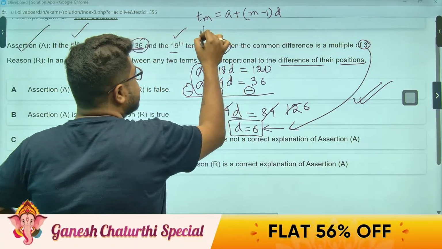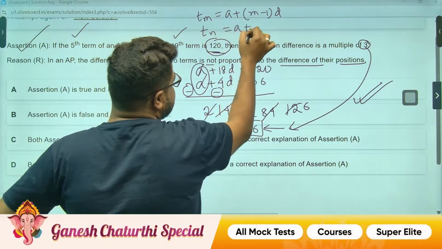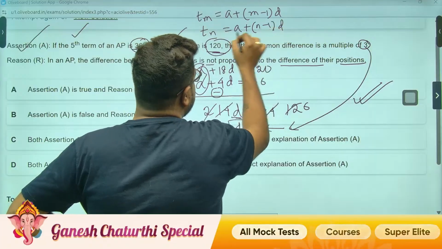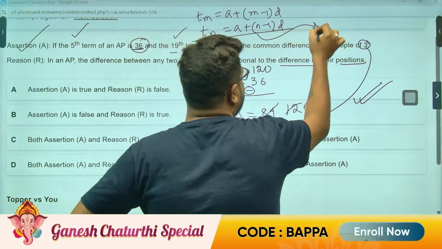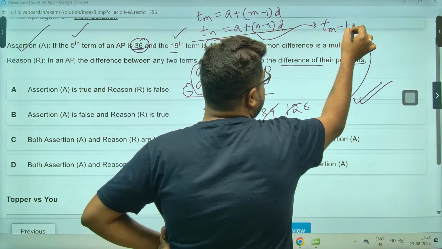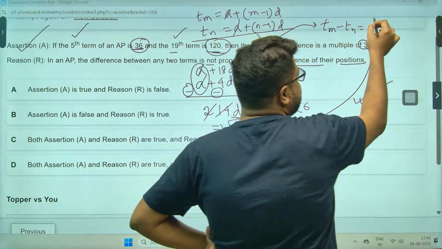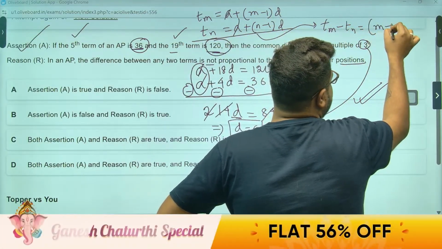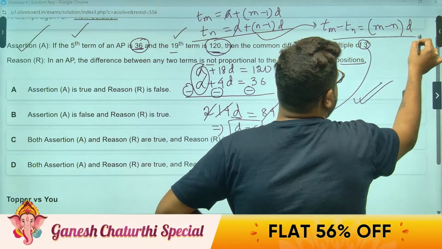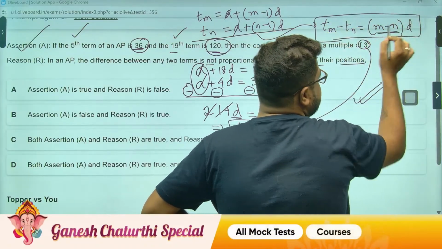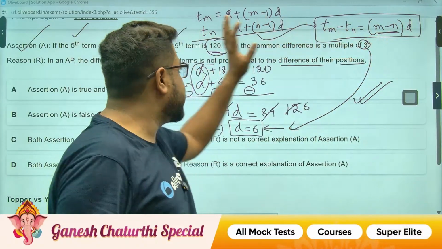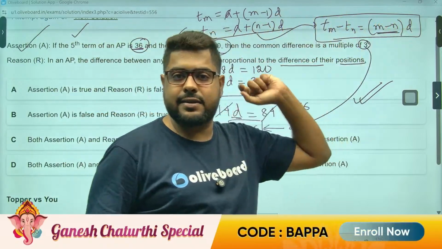And nth term, Tn, it will be A plus n minus 1 into D. If you subtract, sir, what will happen? Tm minus Tn, A will cancel, the minus 1s cancel, it will remain m minus n into D. You see, always it is proportional to the difference between their position, mth minus nth.